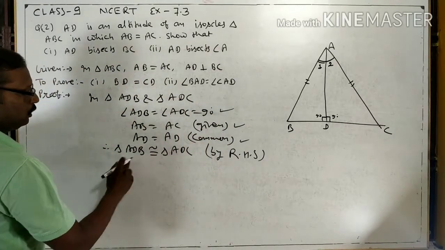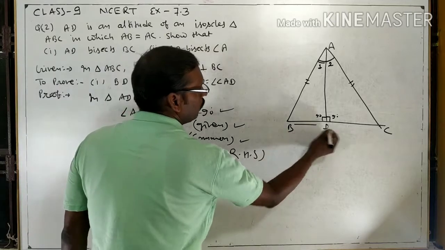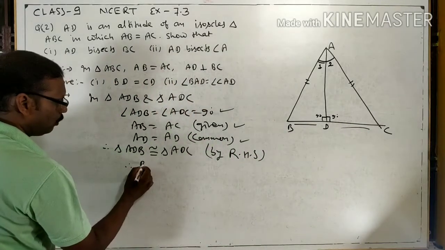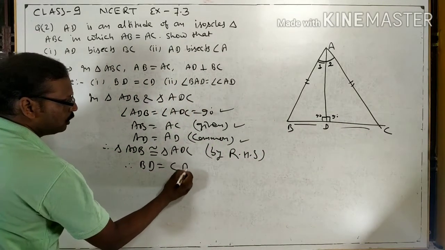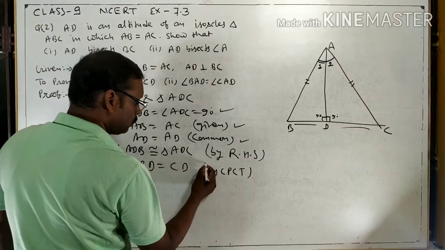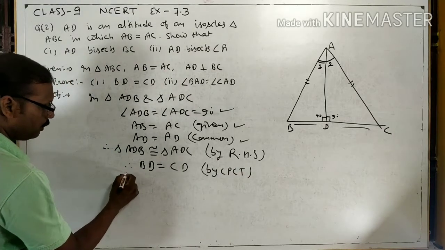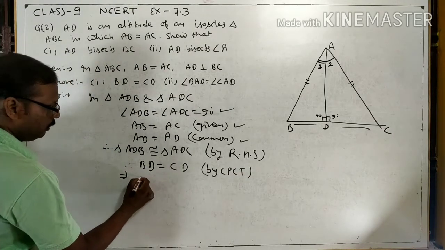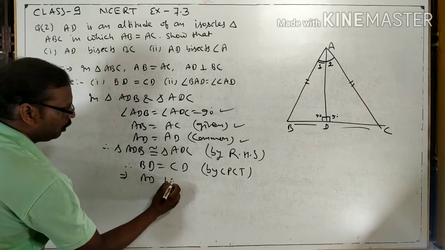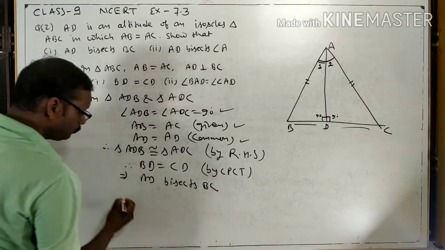So it is congruent, therefore we can write BD equal to CD by CPCT, corresponding parts of congruent triangles, and this implies that AD bisects BC.